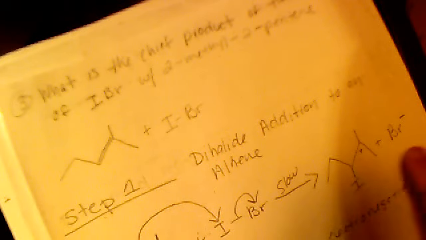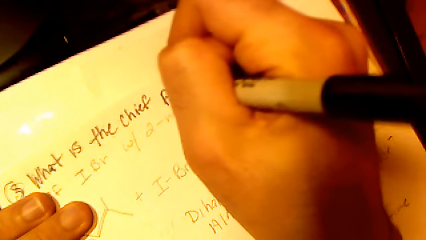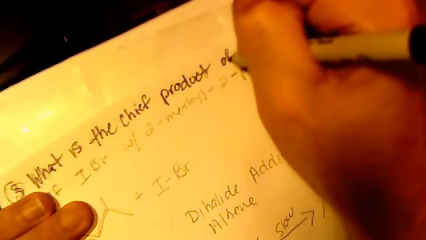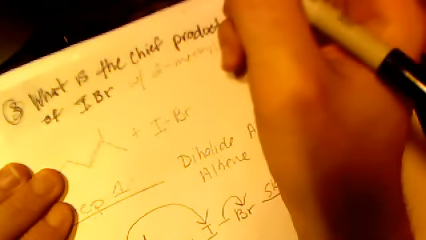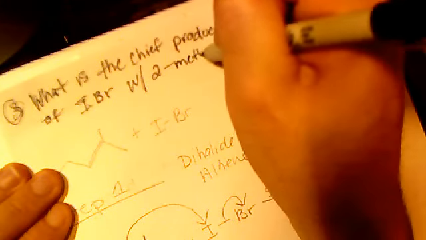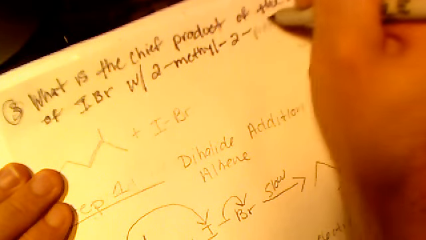All right, so question 3 on the practice exam. What is the chief product of the reaction of iodobromide, I think is the name, I'm not 100% sure, with 2-methyl-2-pentene?